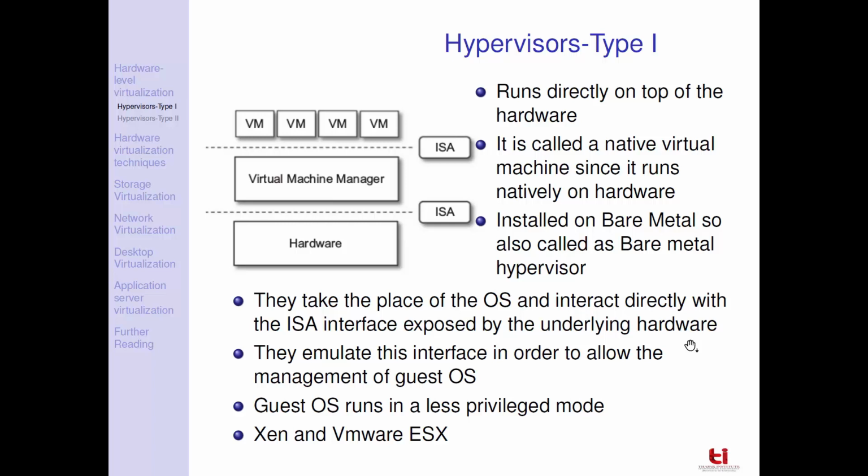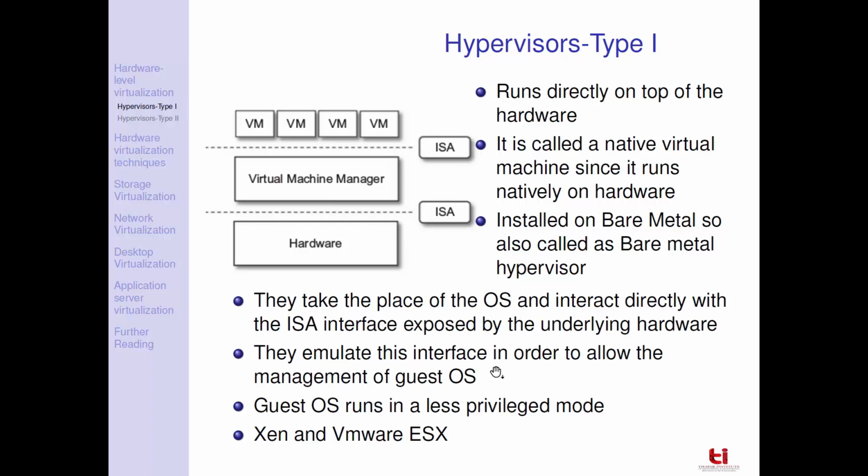If you remember the traditional layered structure of a computing system, we had hardware, we had an operating system here, and on top of that were the applications. Now instead of operating system, on top of hardware, we have hypervisor. So hypervisor type 1 takes place of operating system and interacts directly with the ISA interface exposed by the underlying hardware.